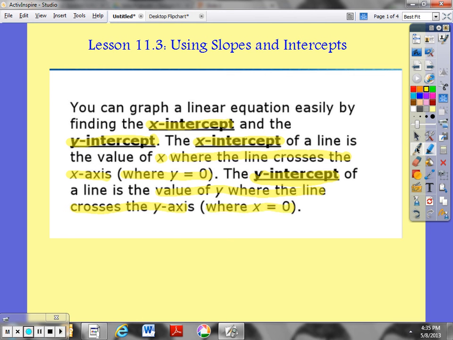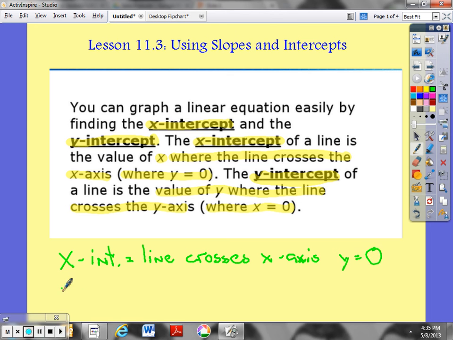So if I kind of think about this, I write it out. The x-intercept, I'm going to just abbreviate intercept like that, is where the line crosses the x-axis. And it makes sense that if it crosses the x-axis, then the y value would be equal to 0.